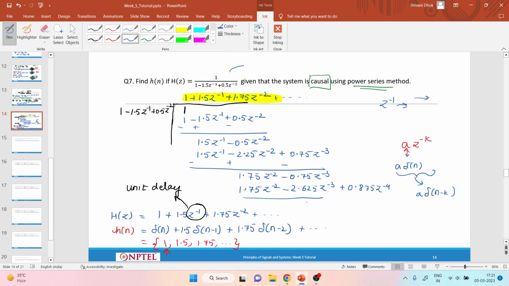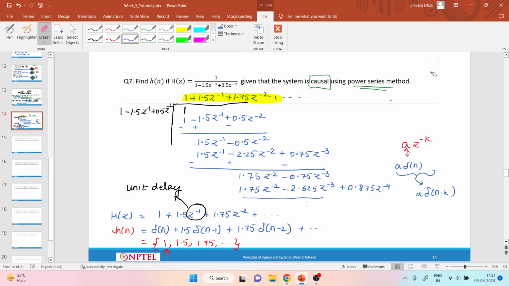Then I'll represent this as z square upon z square minus 1.5 z plus 0.5, and when dividing, it will be in multiples of z, z square, z cube, and so on. Then it will be an anti-causal or non-causal system. But if the division terms come like z power minus 1 and so on, then it will be a causal system.